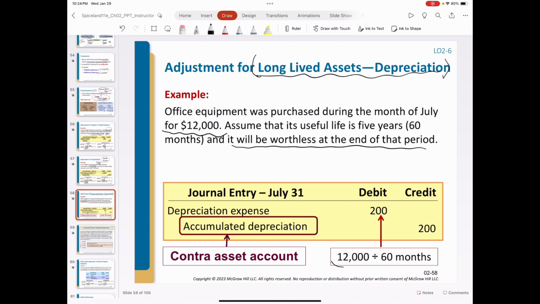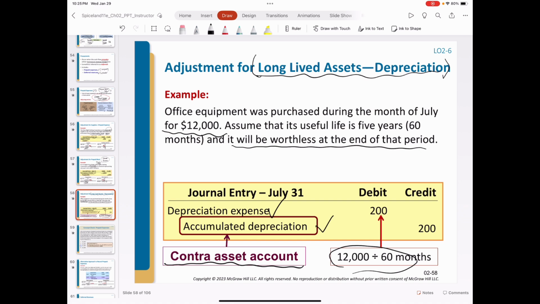For each month, the depreciation expense is $200. Similar to the prior two examples, we will debit expense and credit the assets. Office equipment is a prepaid expense and asset. We do not credit the office equipment directly. Instead, we credit the control account of office equipment.